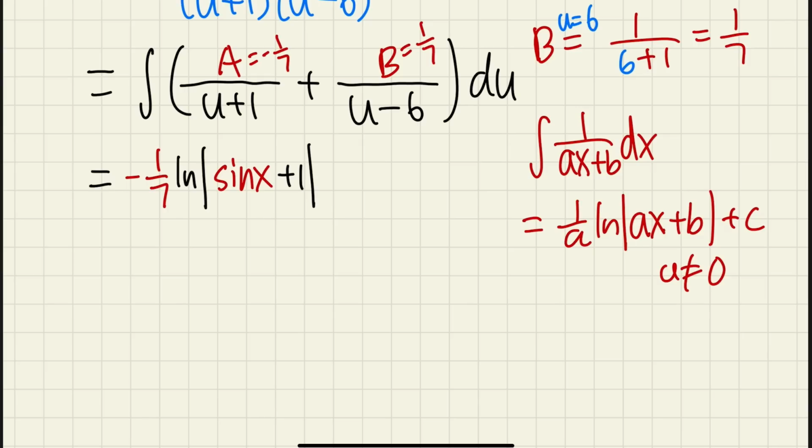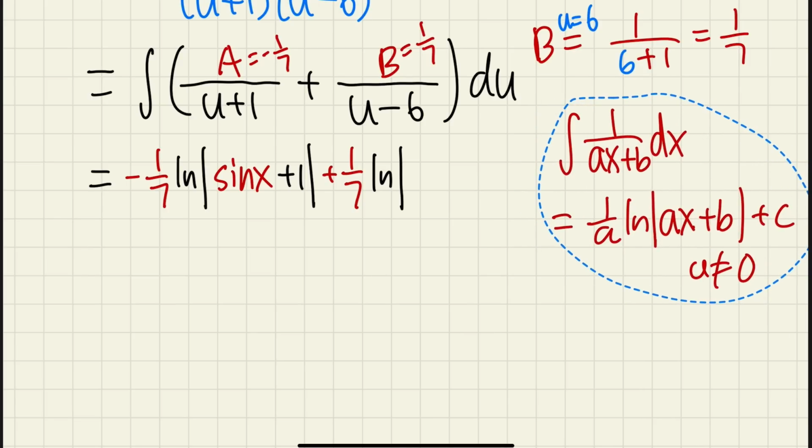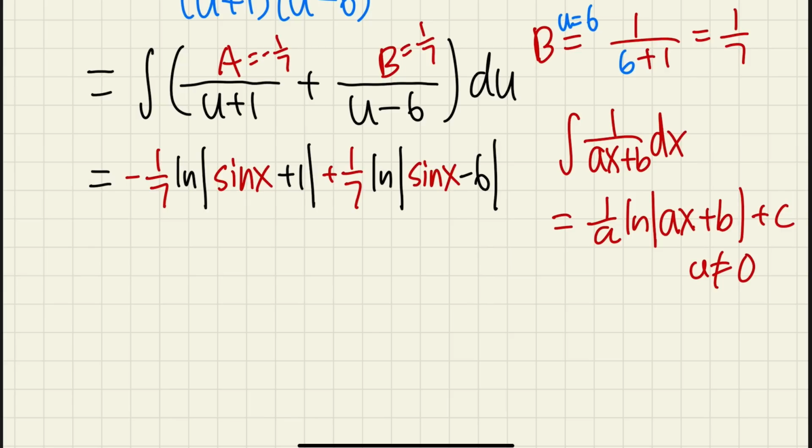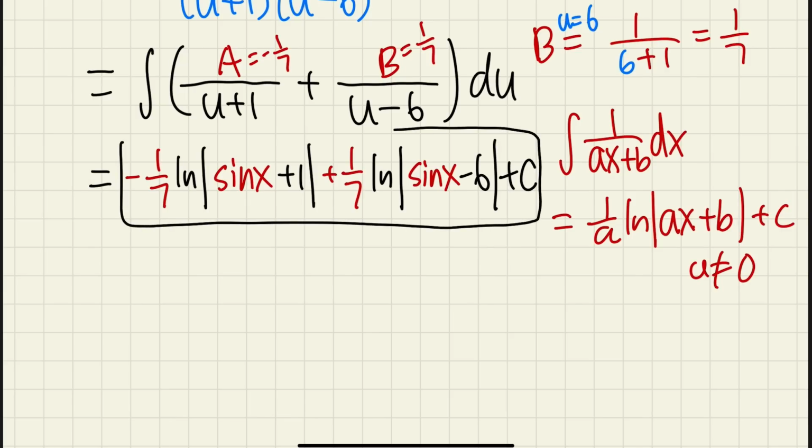And then next we have plus 1/7, and then again ln absolute value u minus 6, and we know what u is, which is sine x, and then minus 6. All done, plus c. Done. Of course, you can also choose to combine the ln's together, but I will leave that to you.